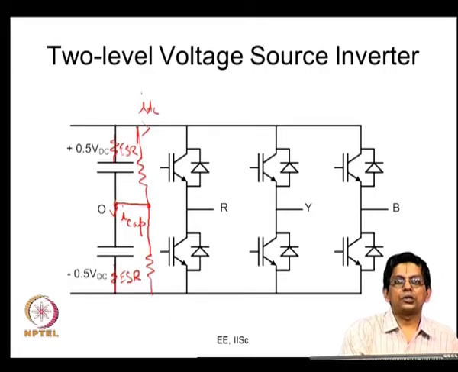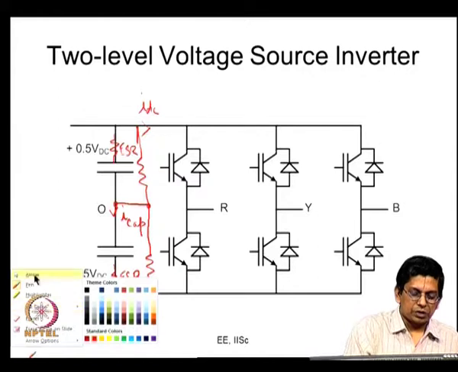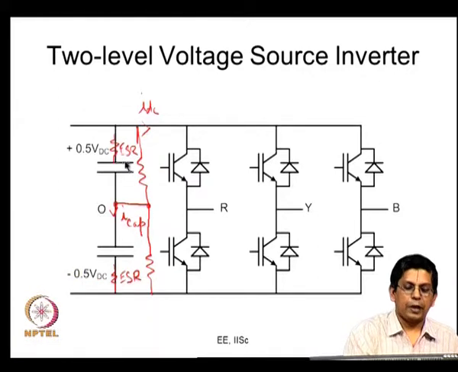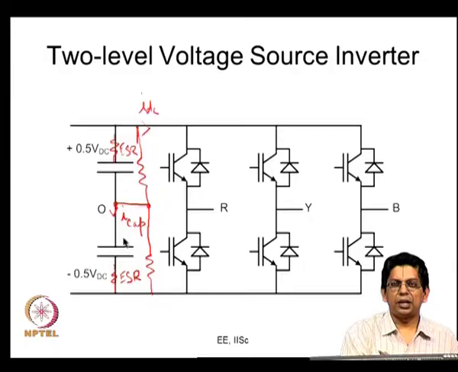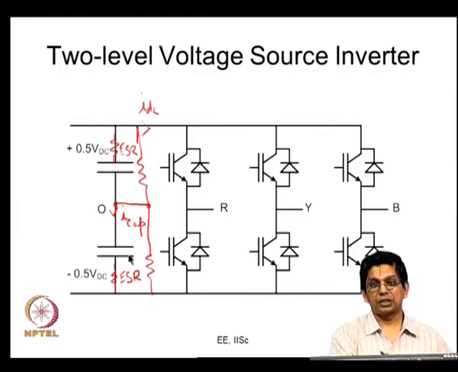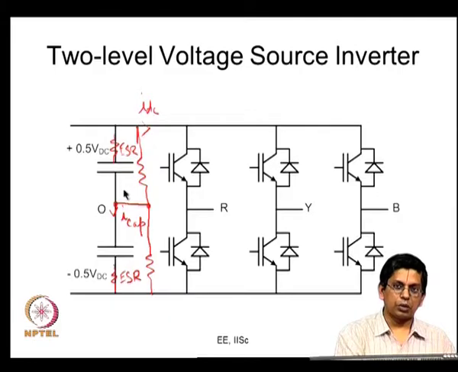To balance out the voltage. There will be some difference between these two capacitances. We say there is 0.5 VDC, this is also 0.5 VDC, but it may not be exactly so. If it is 600 volts, ideally it should be 300 and 300, but this could be 320, this could be 280. As long as it is small, it does not matter, but if it becomes larger, it is going to matter.